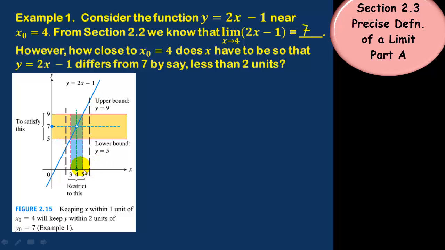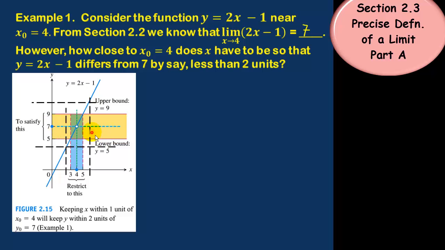It's right here. When we widen this distance away from x₀ equal to 4, it will widen the horizontal strip right there. So we should keep our x's within 1 unit in order that the y values will stay within the horizontal strip that is shaded yellow.